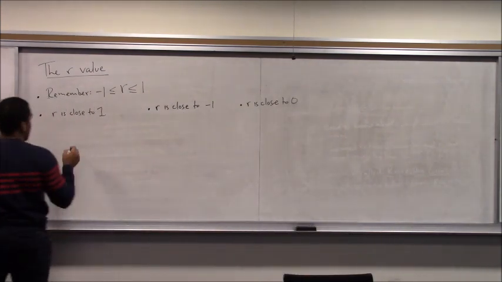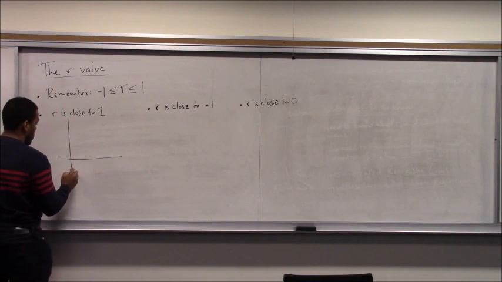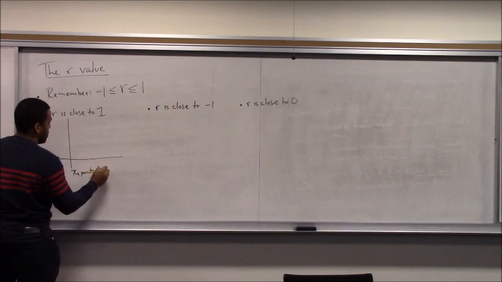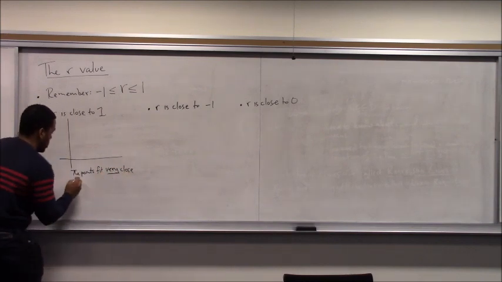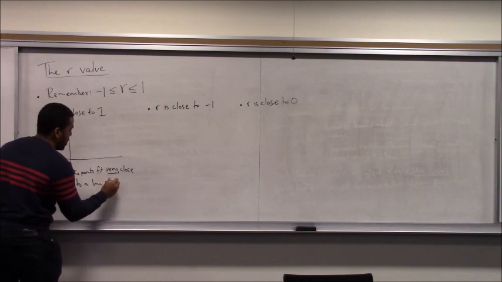Now R is close to 1 means the following. The points fit very close to a line of positive slope.